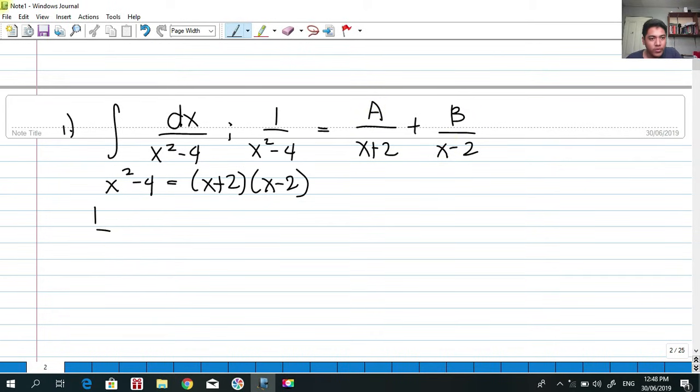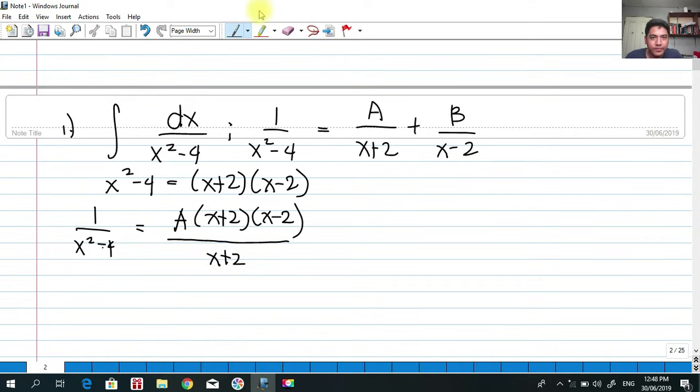So what we are going to do again is solve for the values of the constants a and b. So how do we do that? By cross multiplying this term to this term. So what will happen? We have a times x squared minus 4 is equal to this. So we have x plus 2 times x minus 2 over x plus 2. Okay?